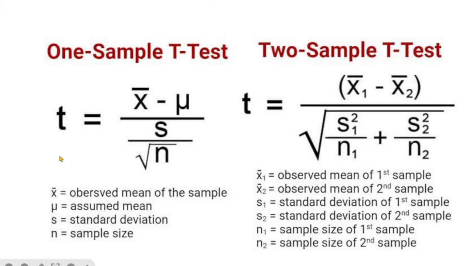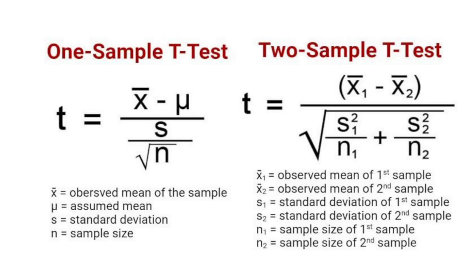So these are the t-tests, either for one sample or two samples. The two sample test will depend on whether the samples are independent or paired. So here we have the observed mean of the sample, x bar, representing the mean of the sample, minus the assumed mean.